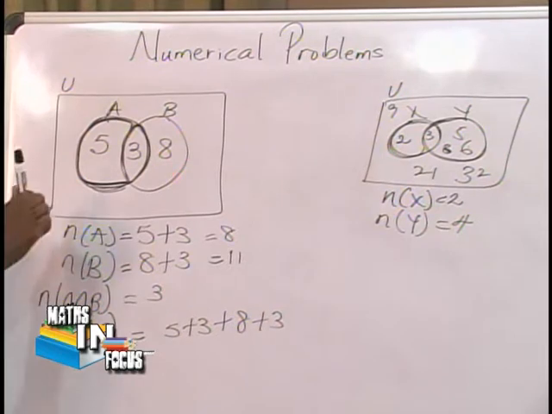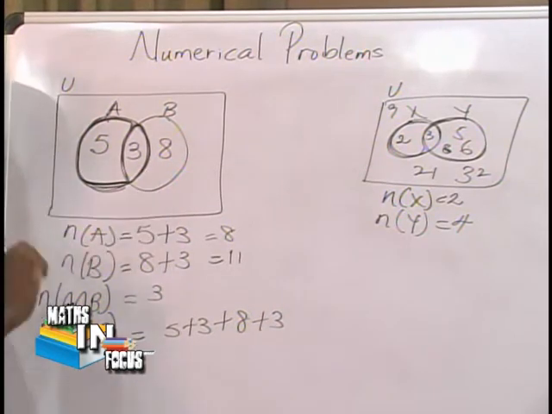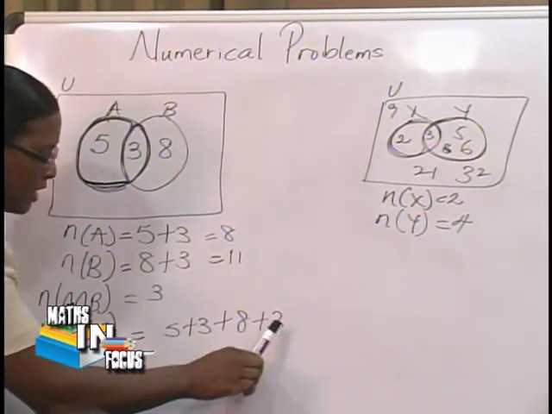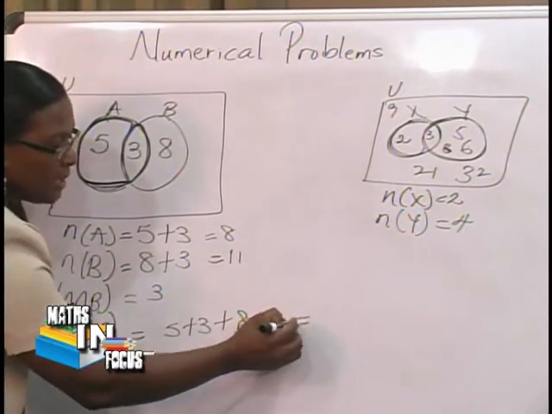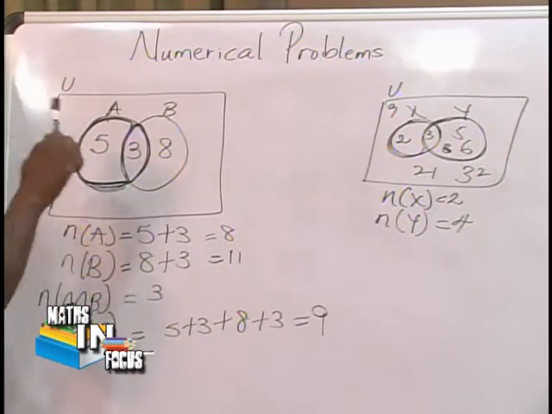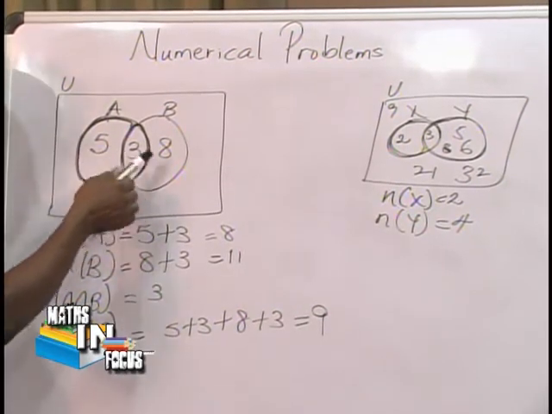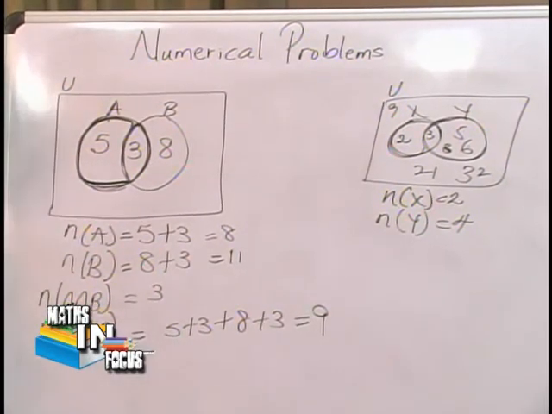But when we look at A and B and the intersection, this here would give us 5 and 3, 8 and 8, 16 and 3, 19. But when we look in here, do these numbers tell us that there are 19 elements there?